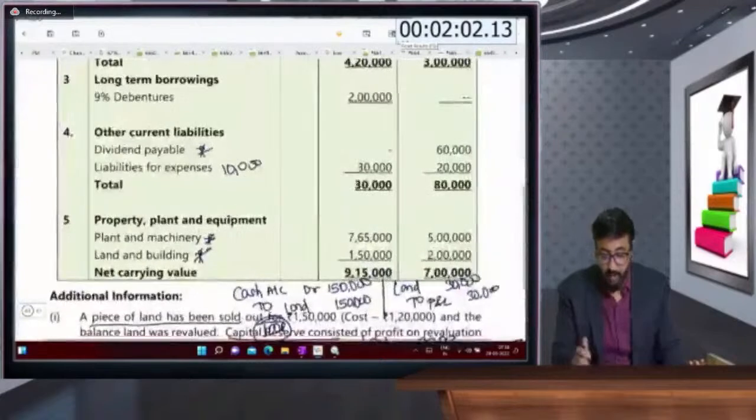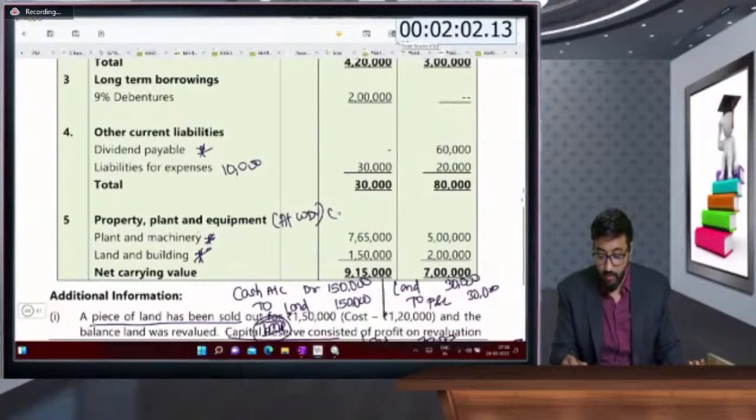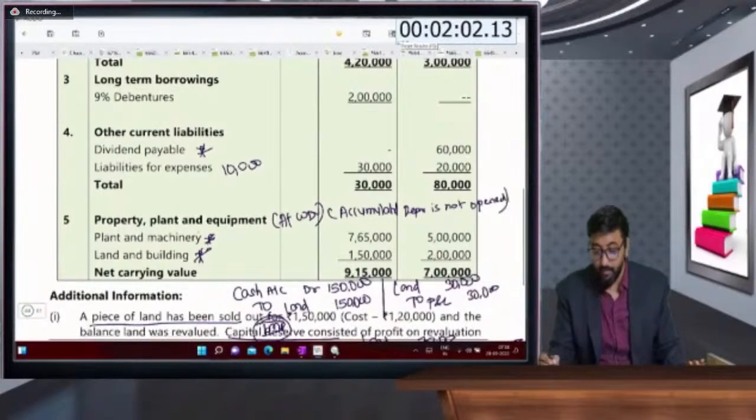This property, plant and equipment you can write at WDV, because the accumulated depreciation account is not opened.